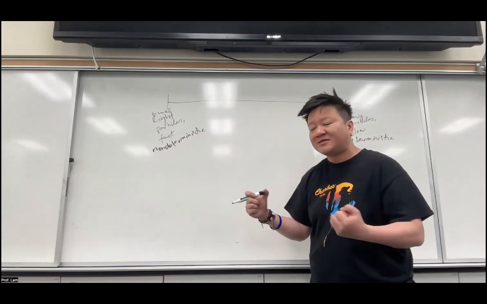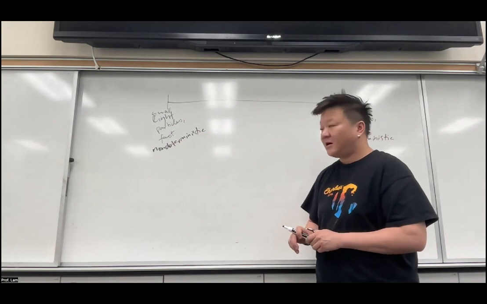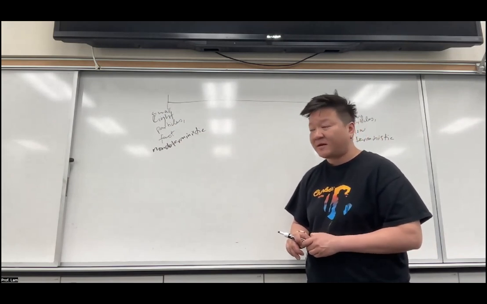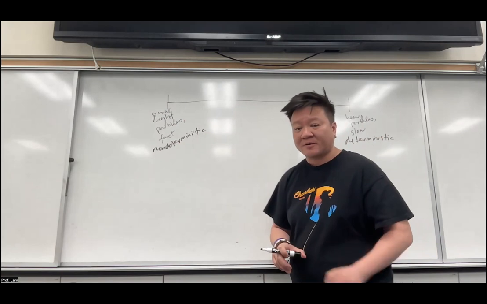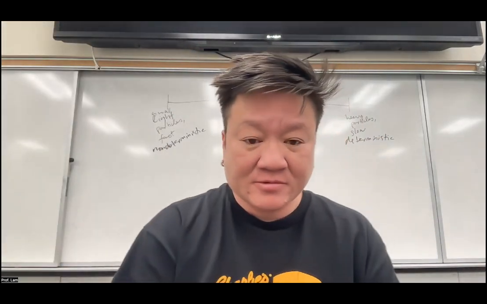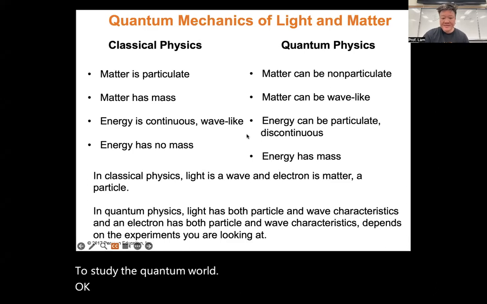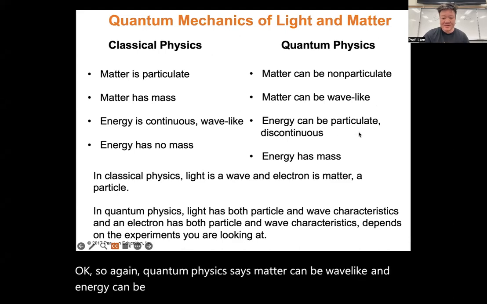And once you're faster, it gets complicated to figure out the position of these particles and how fast they're traveling. Okay. And that's actually what makes it very, very complicated to study the quantum world. Okay, so again, quantum physics says matter can be wave-like and energy can be particulate or discontinuous. And energy can also have a mass. Right?